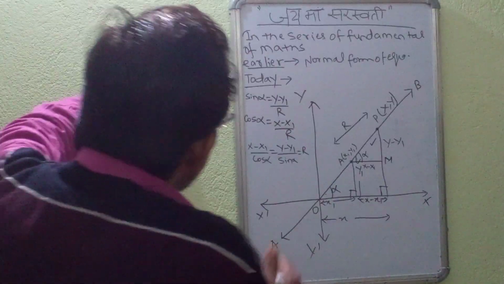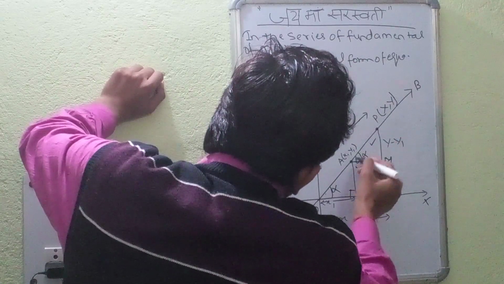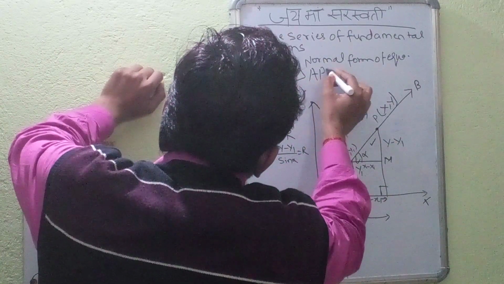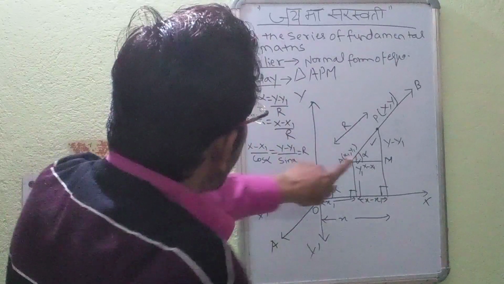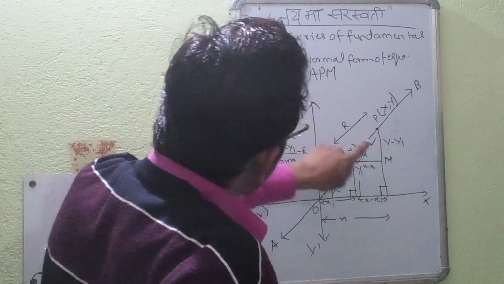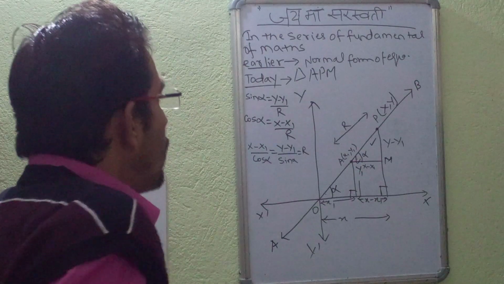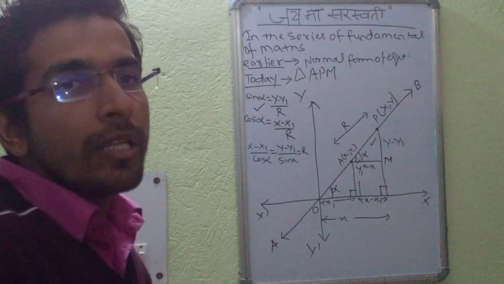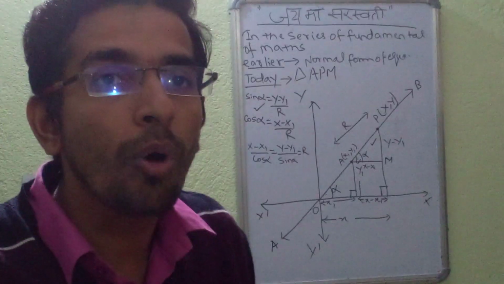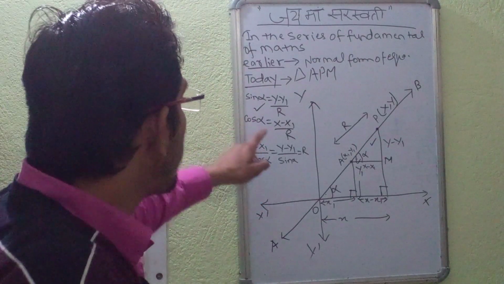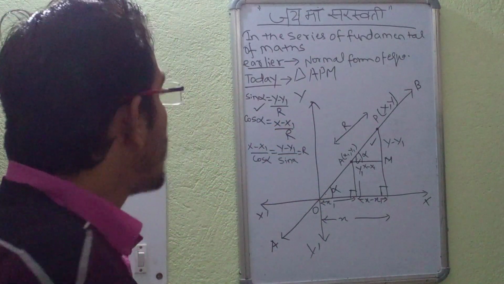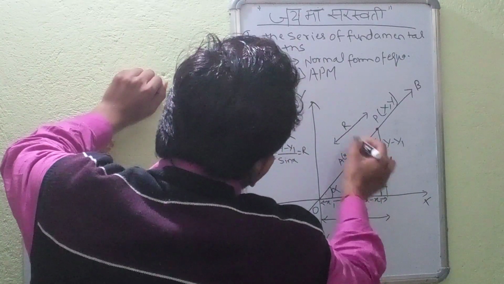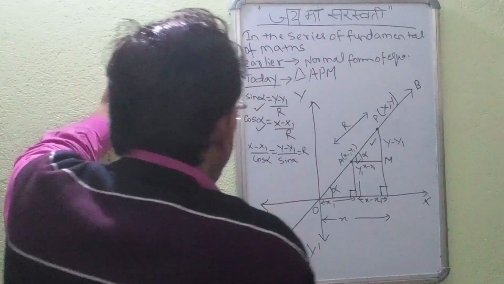So in triangle APM, sine alpha is equal to perpendicular by hypotenuse, that is y minus y1 by r. Now again we move to cos alpha. The cos alpha is equal to base by hypotenuse, that is x minus x1 by hypotenuse r.